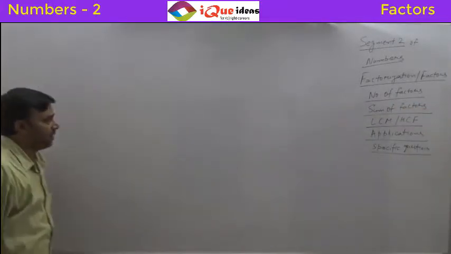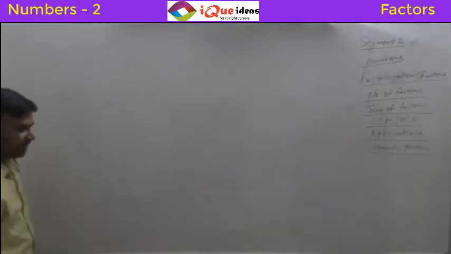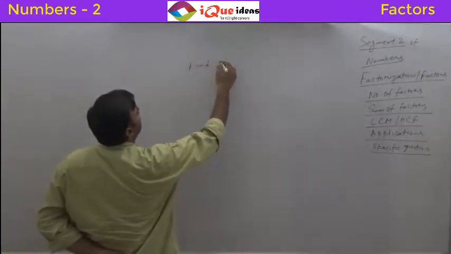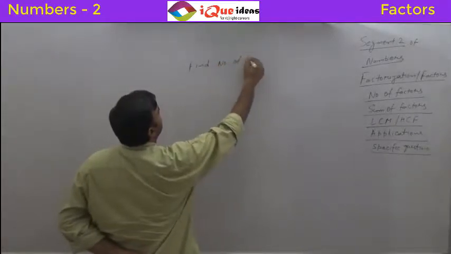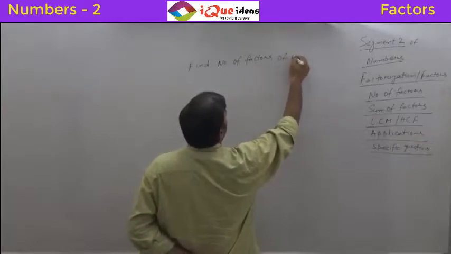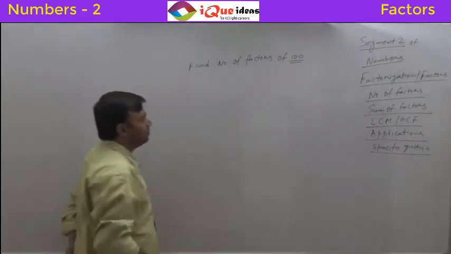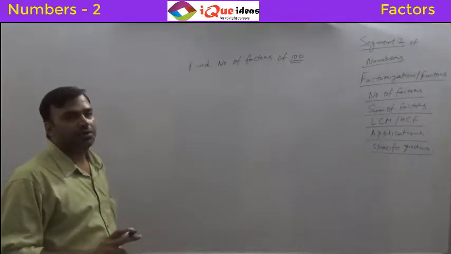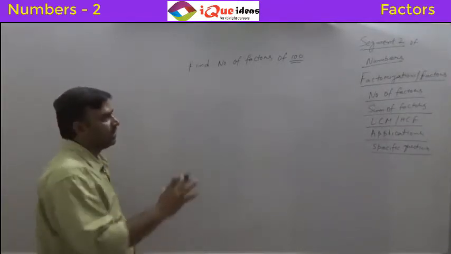Alright, now let's start with an example. If the question is, find the number of factors of 100. One way is that you can create all the possible pairs which are factors of 100.